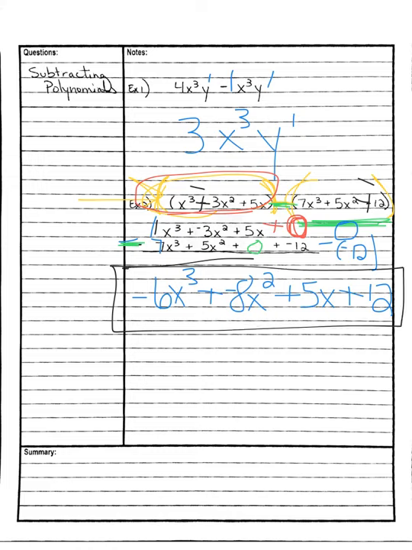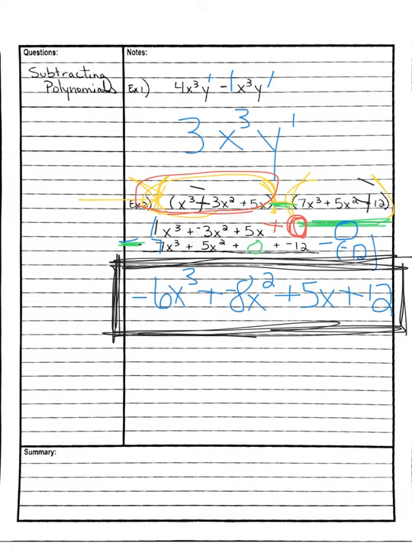This is our final answer. We have 4 terms. We cannot combine any because all of our like terms have already been combined: negative 6x cubed plus negative 8x squared plus 5x plus 12.